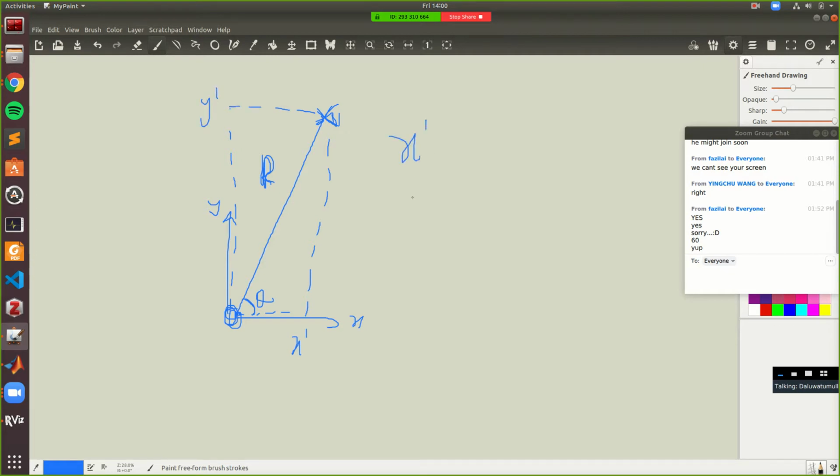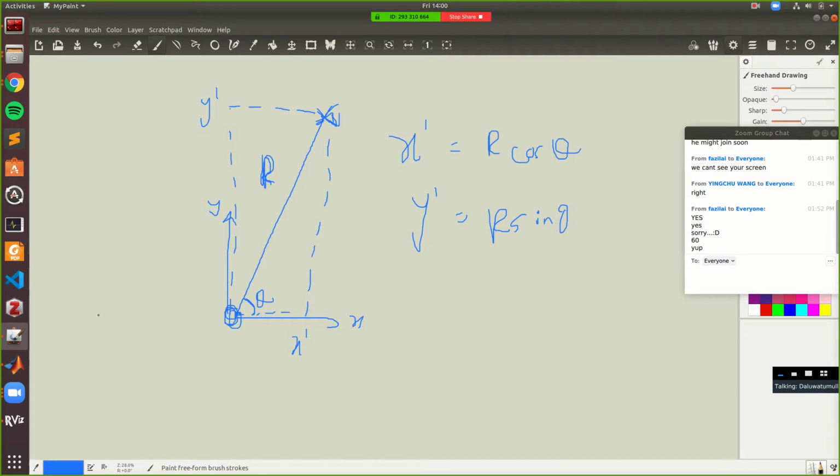X dash and y dash is pretty easy to find. You take the range, x dash will be r cos theta and y dash will be r sine theta, right? So your sensor information will be giving these r's and thetas, and you need to convert it into Cartesian coordinates by taking r cos theta and r sine theta, right?